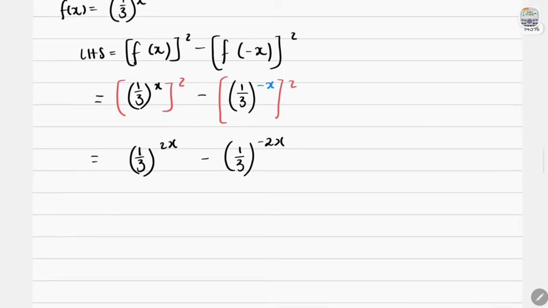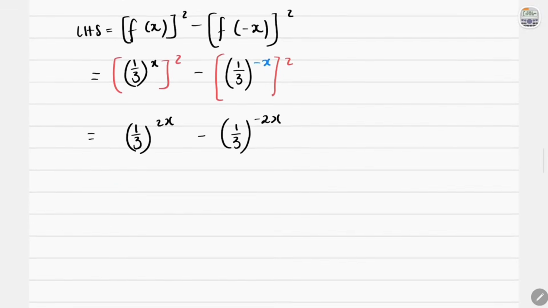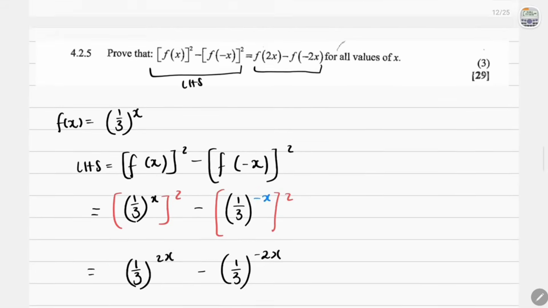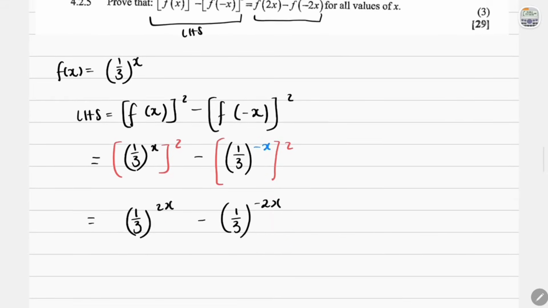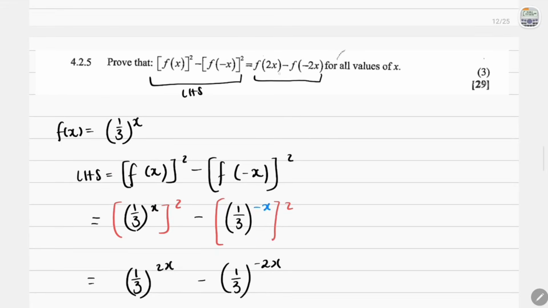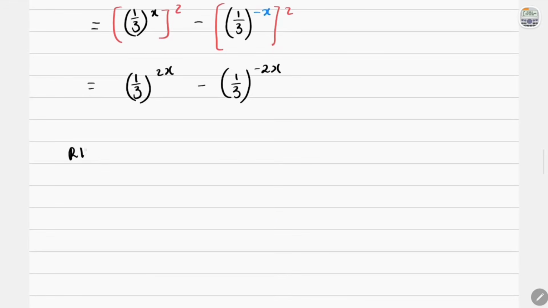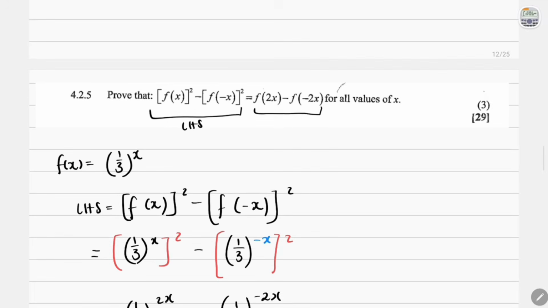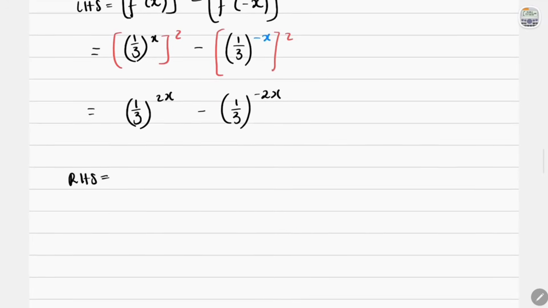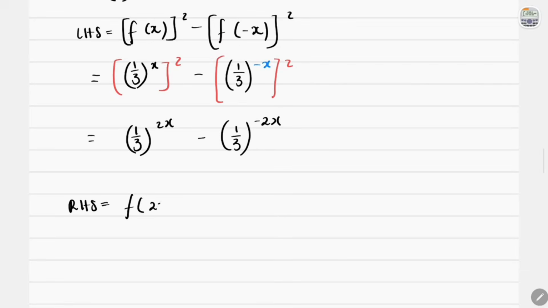At this point, we could just find out whether this one also looks like that. I don't really see a use of writing it in a format where the exponent is positive, because if we directly substitute at this point, you're going to see it looks exactly the same. Okay, so if you take the right hand side, let's just rewrite what we have there. It says f of 2x, okay?